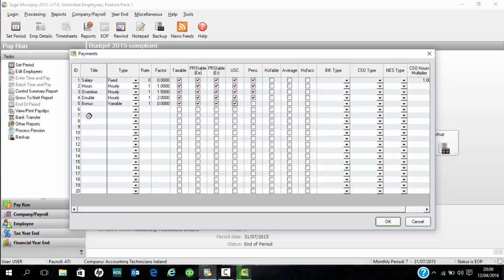Usually bonuses are not pensionable. As I said, commission would be the same situation. Variable, 1, 0, taxable, and all your other details, go to it.